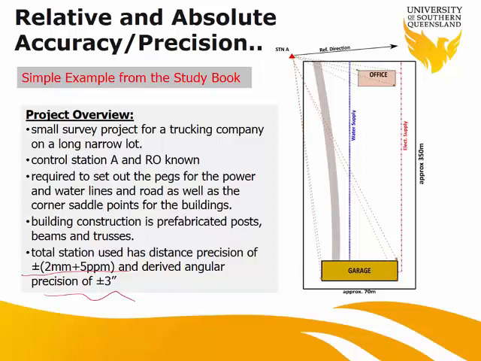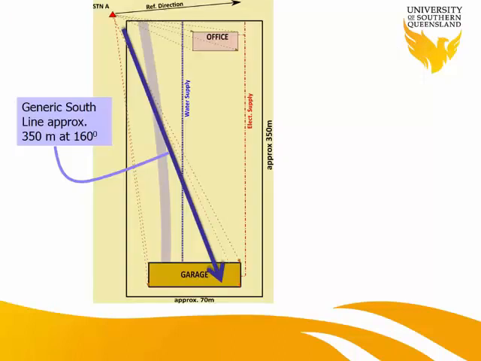Then the overall angular accuracy is going to be plus or minus 3 seconds. This is sourced from study book examples. You can find more detail over there if you like, but I will go through this example to show you how it's going to work.